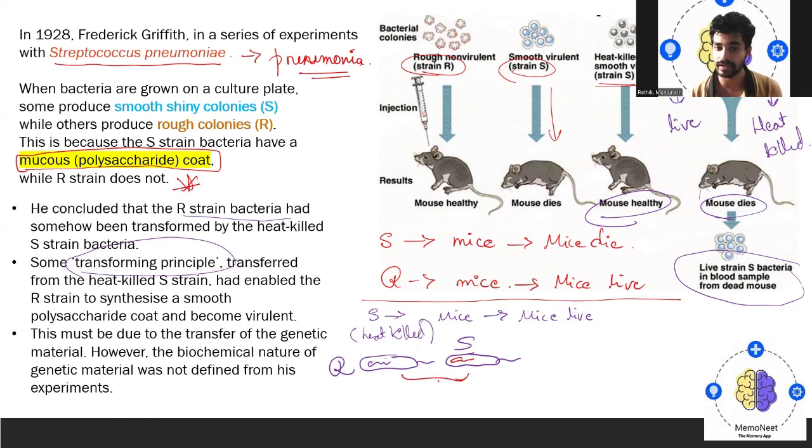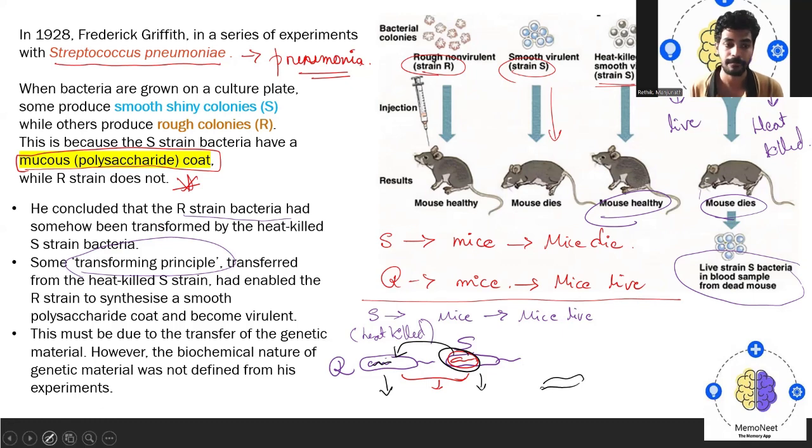But when they were mixed, this genetic material might have got transferred here. And since the S strain genetic material is dominant, it might have expressed itself in this bacteria. And obviously, the live bacteria will replicate to produce more bacteria. So in any generation, the genetic material of S strain might have expressed. That is the conclusion they came up with.